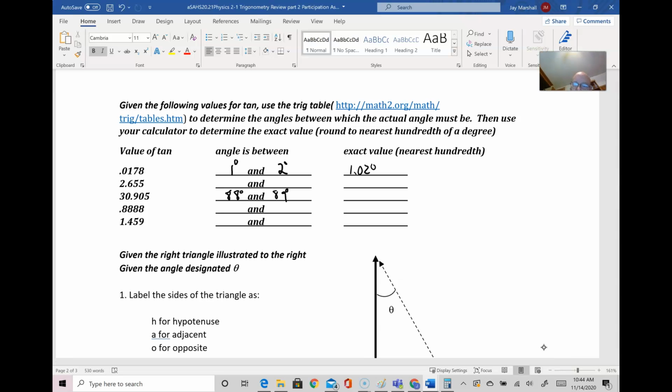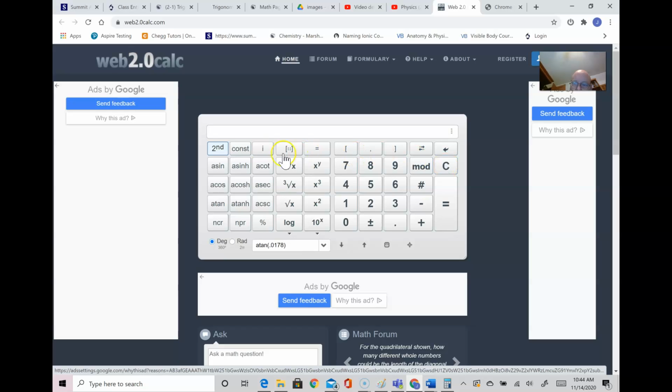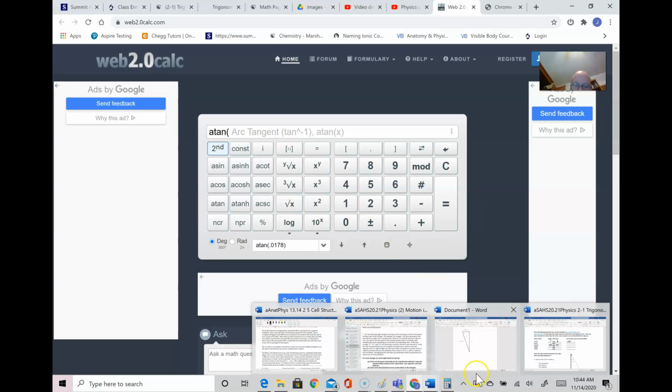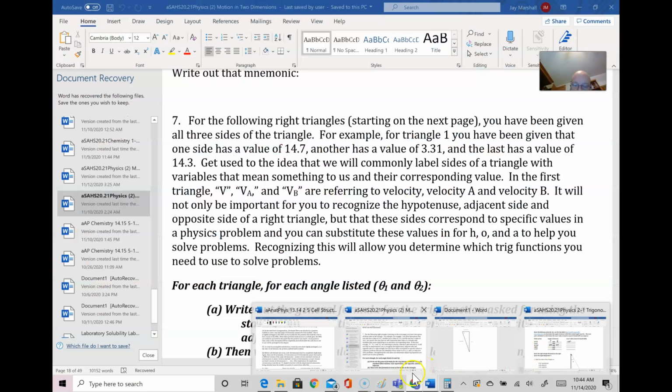And then I'm going to find the exact value with the calculator. So I'm going to go back to the calculator, clear the previous one, and then say second tangent and remind myself what the value was, 30.905.